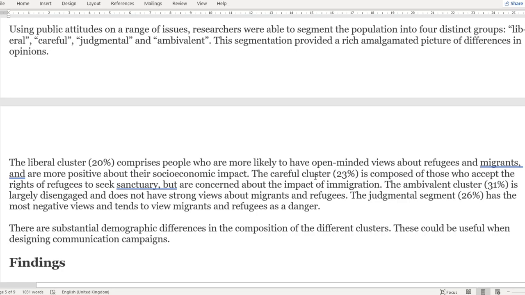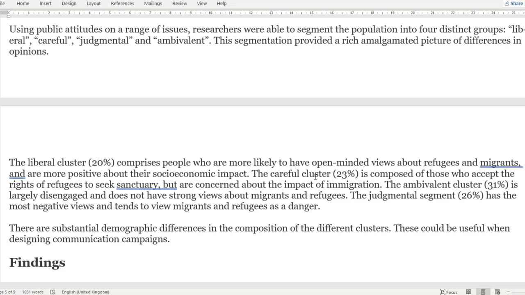The careful cluster is 23%, is composed of those who accept the rights of refugees to seek sanctuary, but are concerned about the impact of immigration, right? So they are concerned about all of these people coming in. They understand they have no other choice, but they want to make sure that it is managed effectively, right? And then we have the ambivalent cluster.